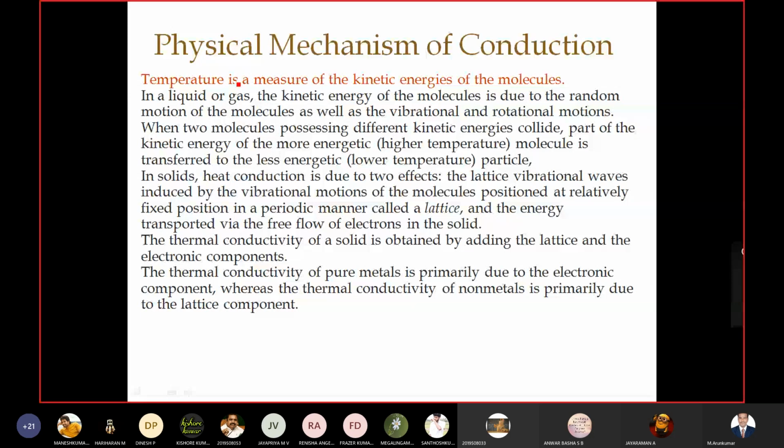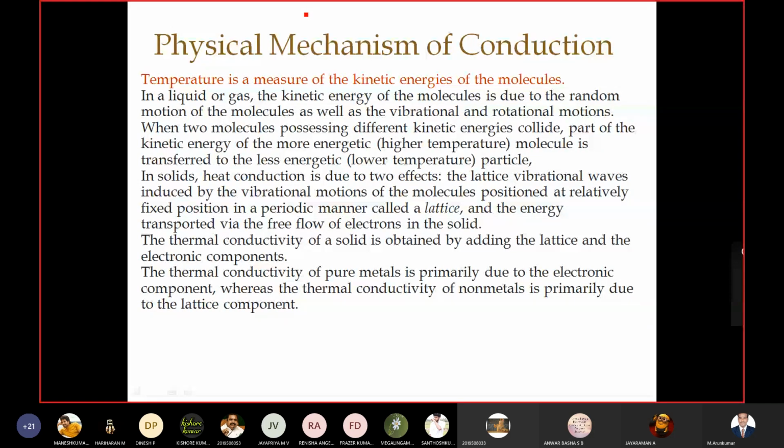In solids, heat conduction is due to two effects. One is the lattice vibrational waves, induced by the vibrational motions of the molecules positioned at relatively fixed positions in a periodic manner called a lattice. The other is the energy transferred via the free flow of electrons in the solids.